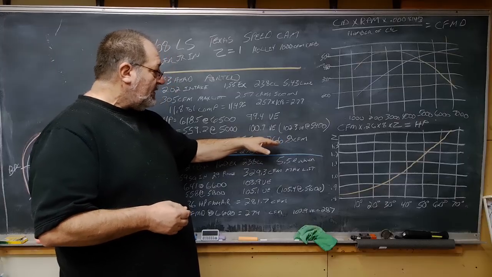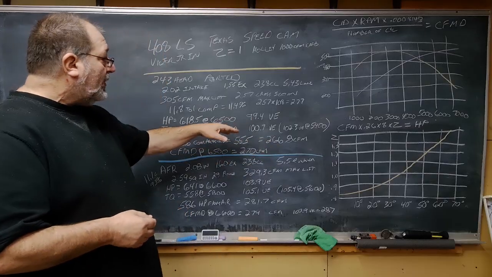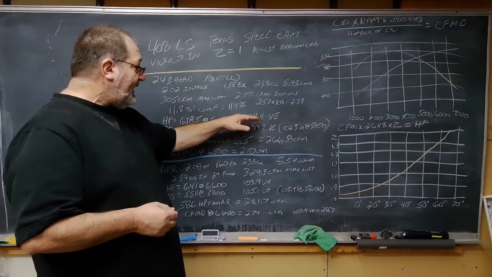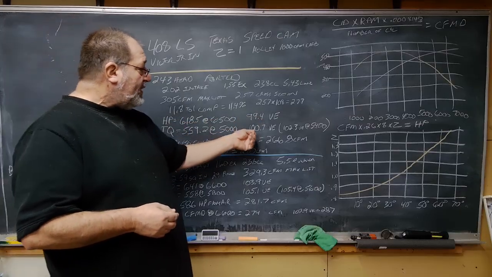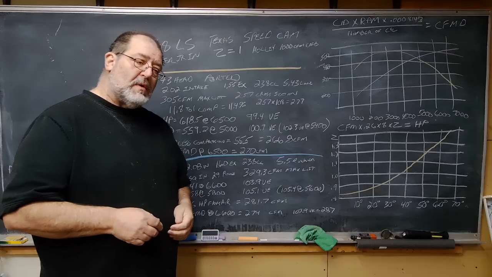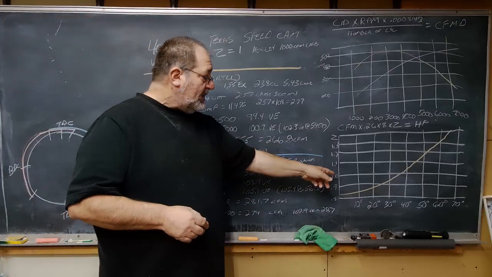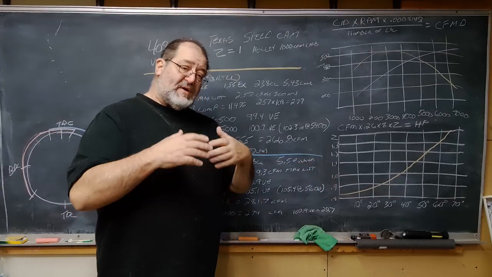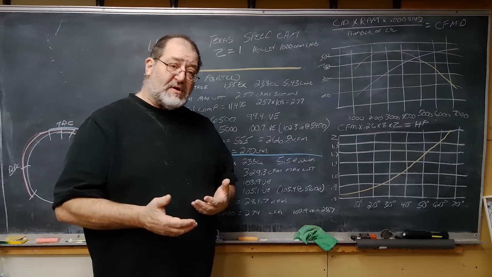Now if you look here, this is at 99.4% VE at peak horsepower. At peak torque, it's at 100.7. Well, I said it was a Z of 1. I said that the camshaft will follow the basic neighborhood of what volumetric efficiency is going to be.